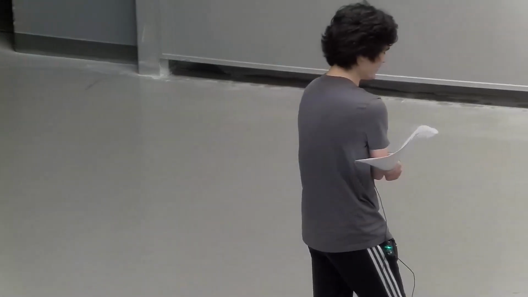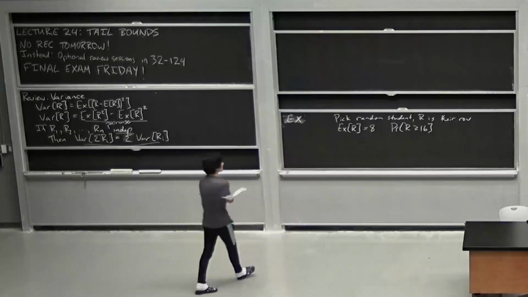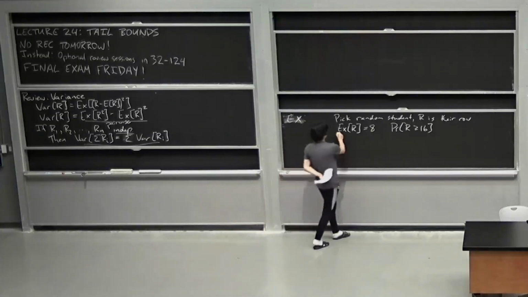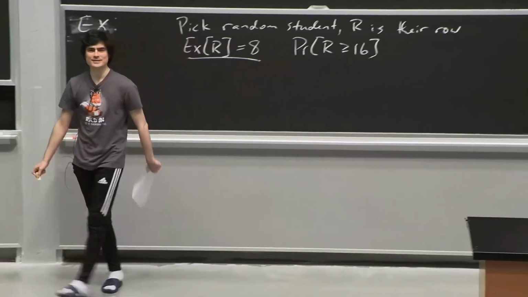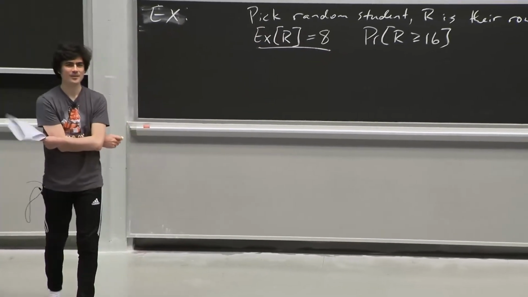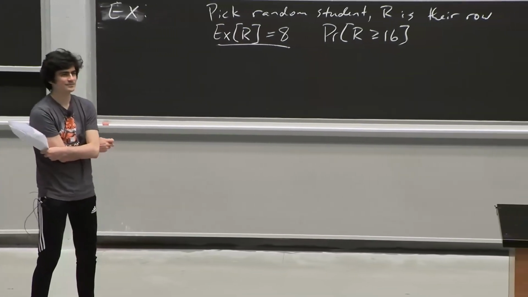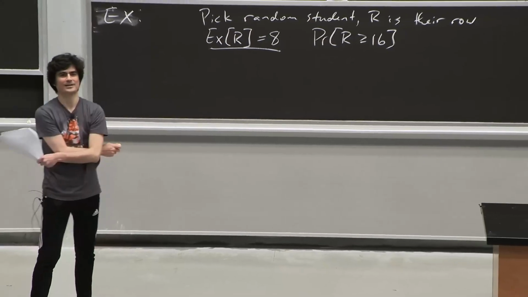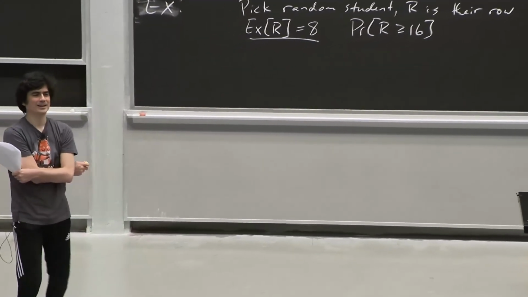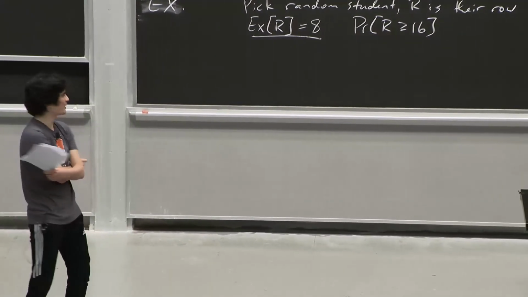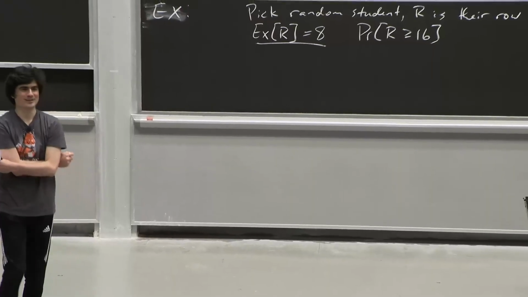1 minus the CDF. Okay, so the people watching the video I assume can't see the room, so they don't know what the CDF is. The only information they know is that the expectation is 8. Okay? Yeah? Oh, can we find the variance from that and then see how far away we are?